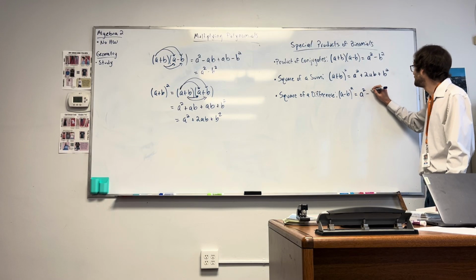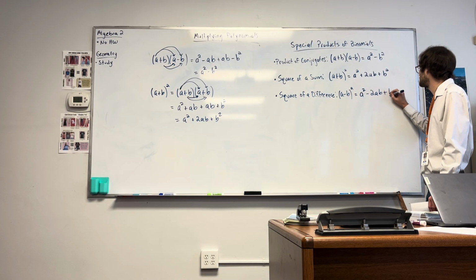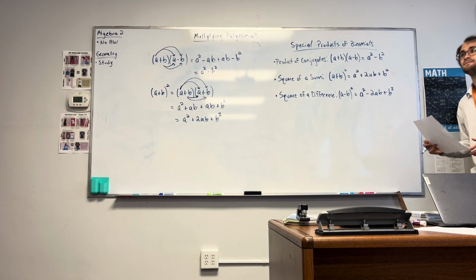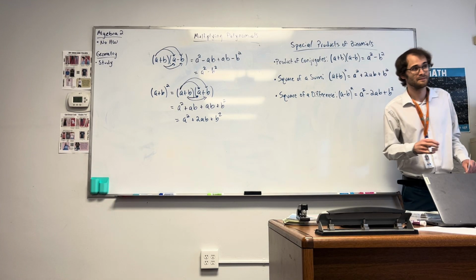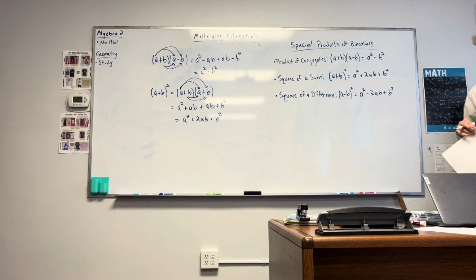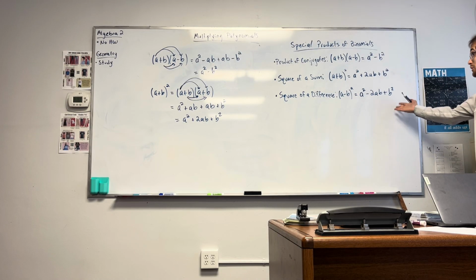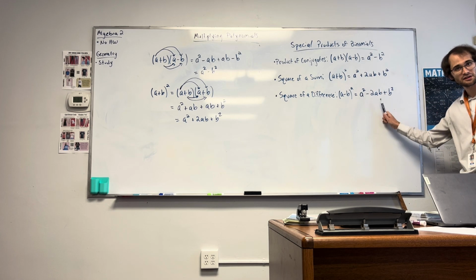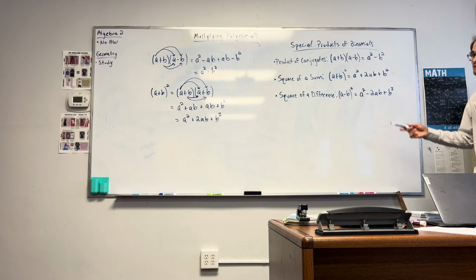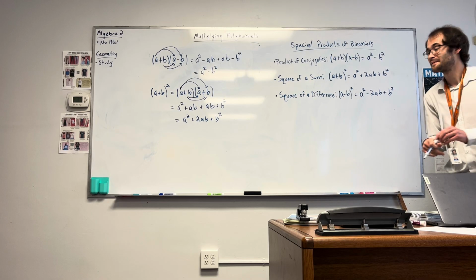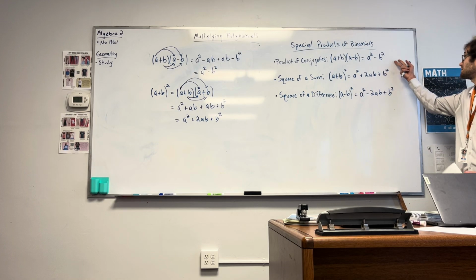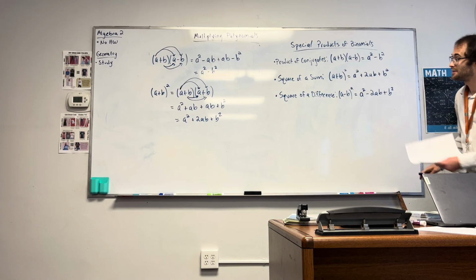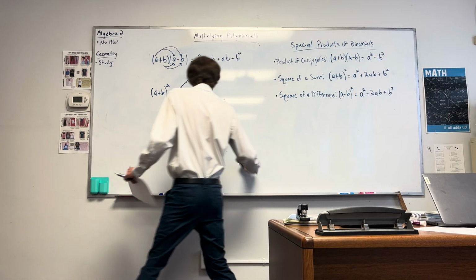It's a squared minus 2ab plus b squared. The way you'd see that, you'd multiply through like we did over there, and you'd get precisely this. For the sake of time though, I'll skip that one. So yeah, these can save you a lot of time if you can recognize these patterns. So let's see if we can recognize them.